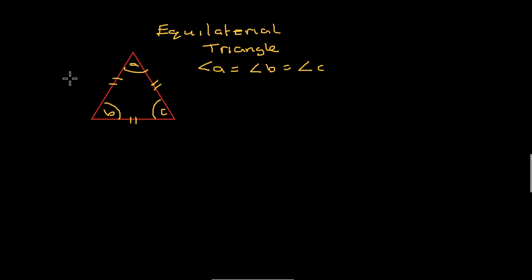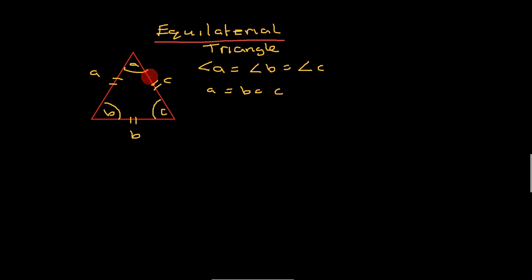So imagine this is side A, this is side B, this is side C. So A will be equal to B, will be equal to C. So these will be equal to each other. And that's what we mean by an equilateral triangle. So the question tells us that we can draw 2 equilateral triangles using 5 lines.